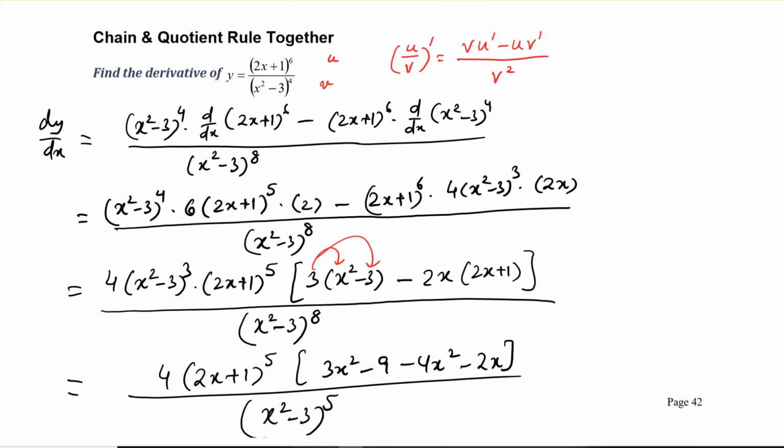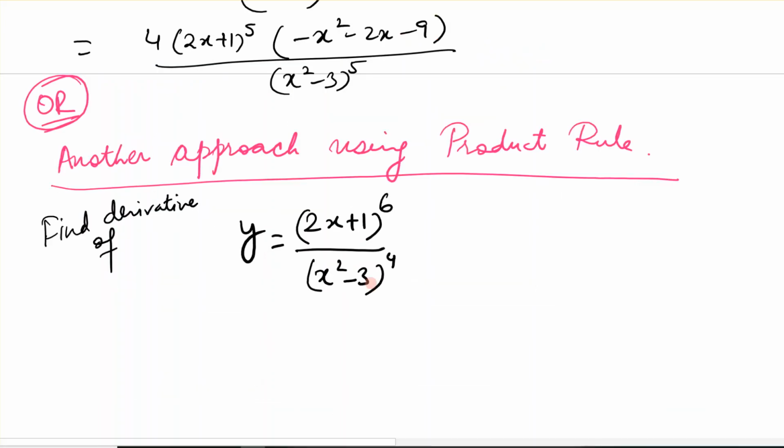There is another approach that you can use to solve the same problem. Instead of using chain and quotient rule together, you could have used chain and product rule together. So I'll show you how to do that. You have the exact same problem that we just finished.